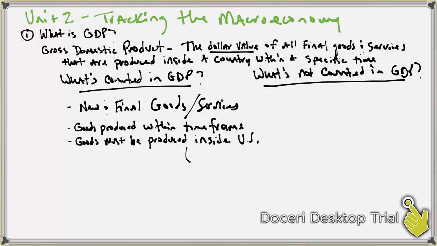So we'll put in parentheses here, can be exported. They don't need to be purchased in the U.S. They just have to be produced in the U.S. to be counted in the GDP.